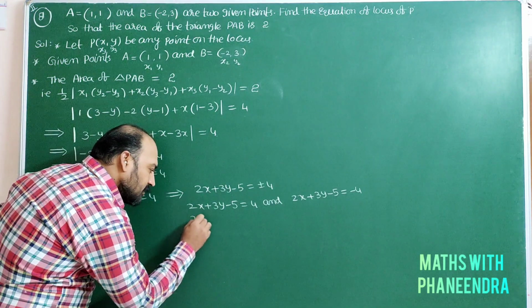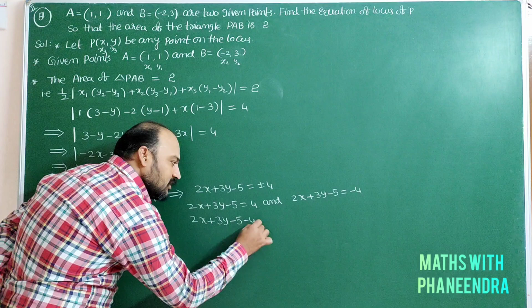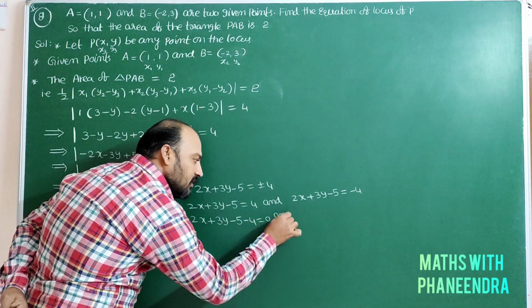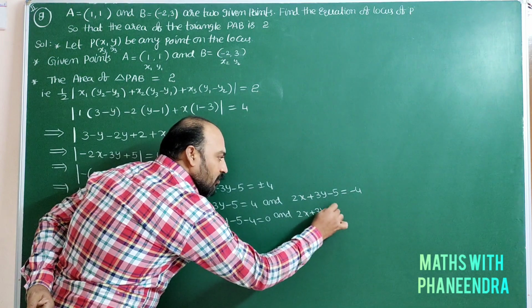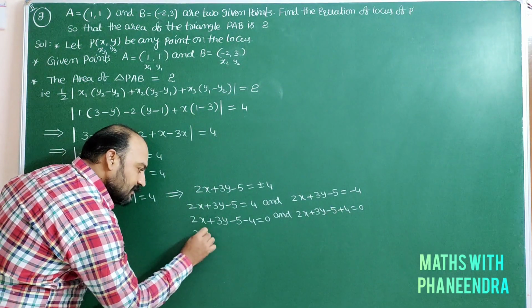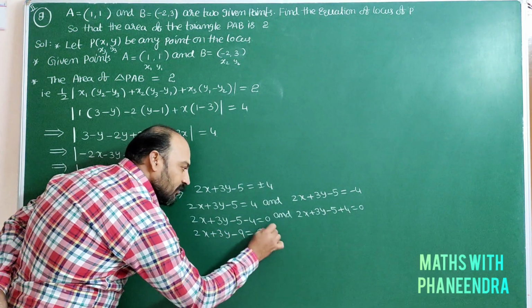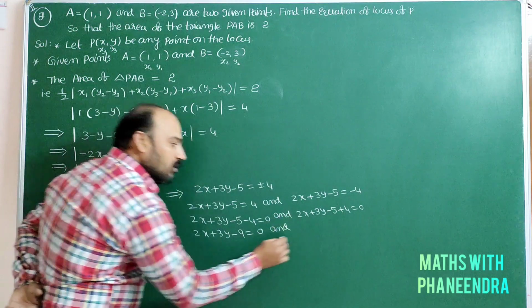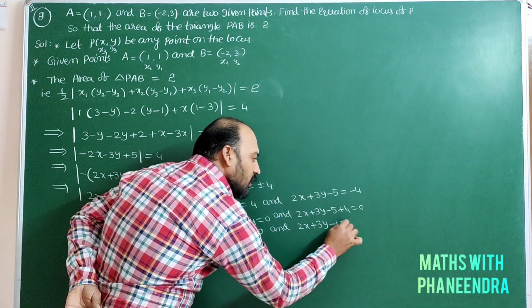So 2x plus 3y minus 5 minus 4 equal to 0, and 2x plus 3y minus 5 plus 4 equal to 0. So 2x plus 3y minus 9 equal to 0, and 2x plus 3y minus 1 equal to 0.